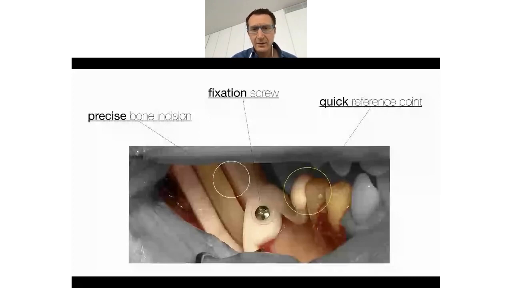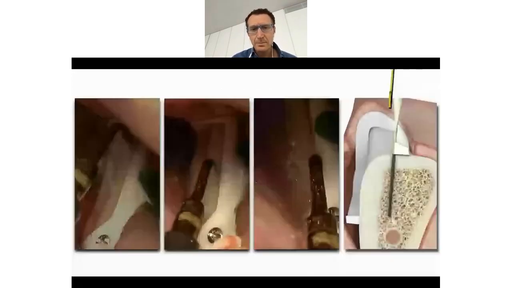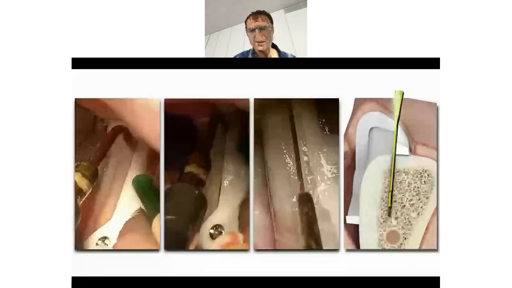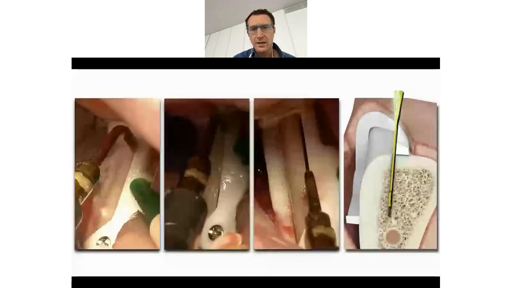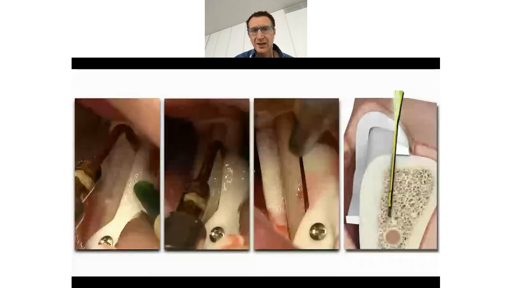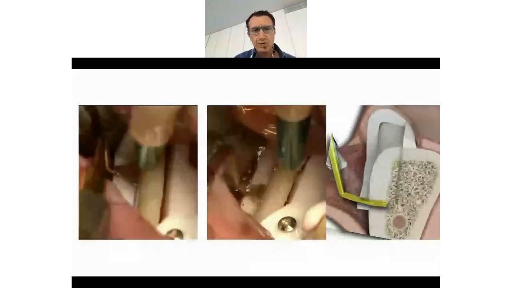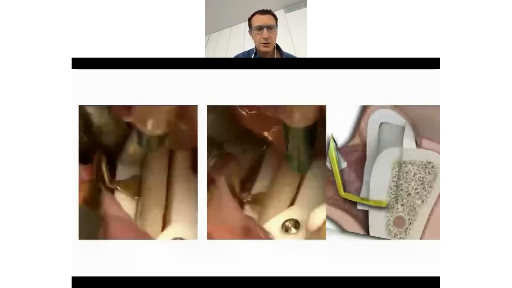So we have a very fast and precise position found in the surgical field, and then we can start by performing the osteotomy lines. And then what is important is to bring the piezoelectric tool very flat into the internal face of the surgical guide, so that this guide is going to work effectively as a three-dimensional ruler for the procedure. And this is true for the vertical as well as the apical osteotomy line.